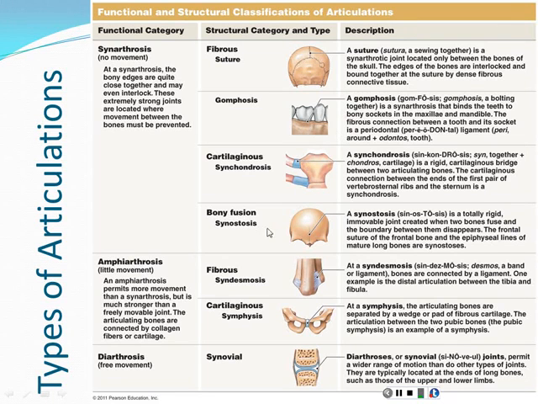In the synostosis, we have several bones that literally become one bone. So one of the places we see this is in the frontal bones. In infancy, we have two frontal bones, but over the course of development, they join together into one bone, so much so that you can't even tell where the two original bones were.